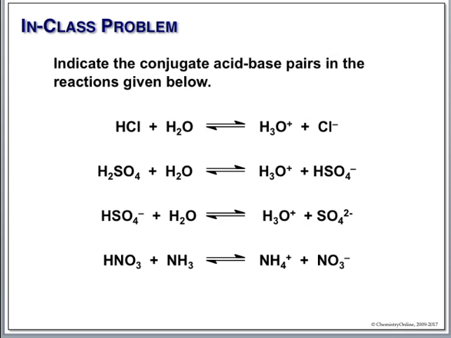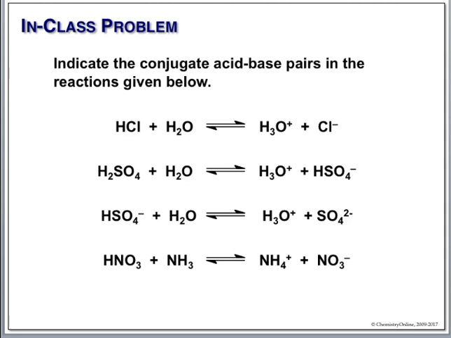Here are some standard strong acids. In this, HCl is clearly our acid. So if we were asked to label the conjugate acid, it would be this. Step 2, what is formed after you lose the proton? We're going to lose the proton here.